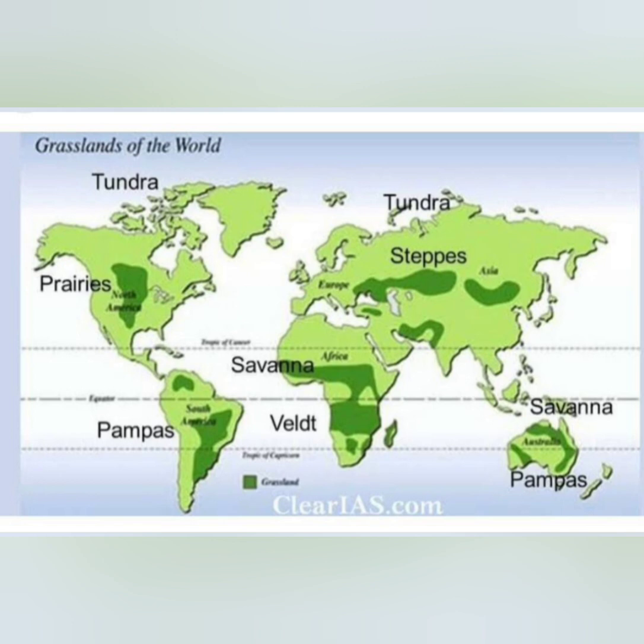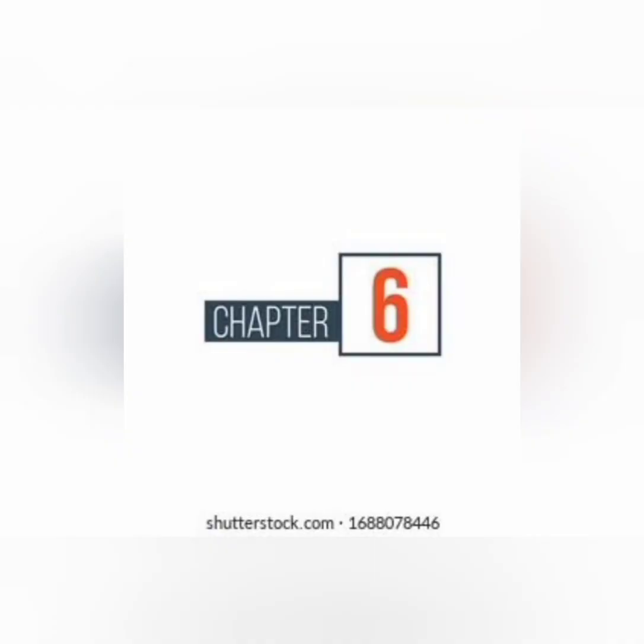The vegetation belt of the world can broadly be divided into various groups on the basis of their location and climatic conditions: tropical hardwood forests, grasslands, deserts, and temperate softwood forests.